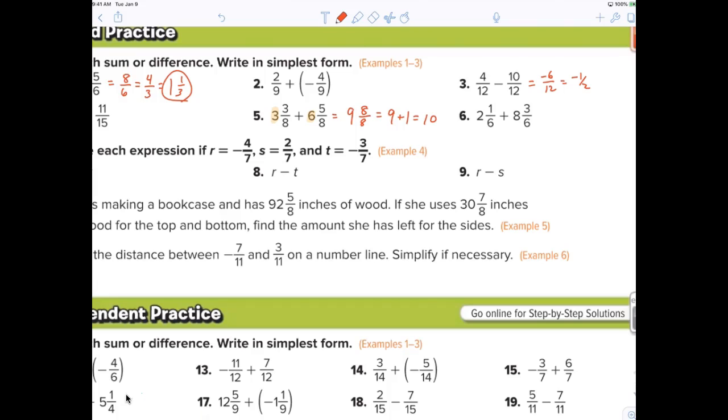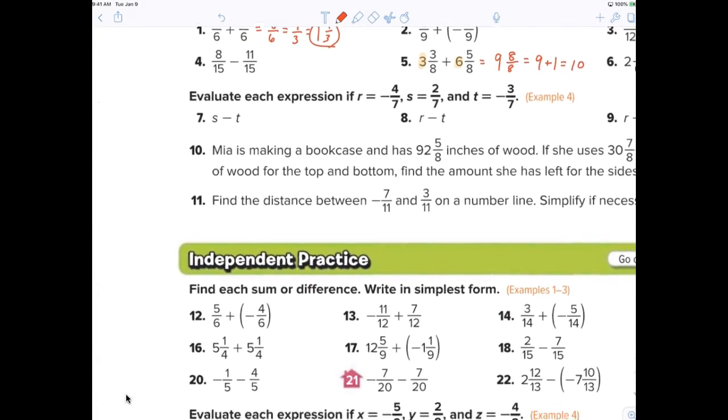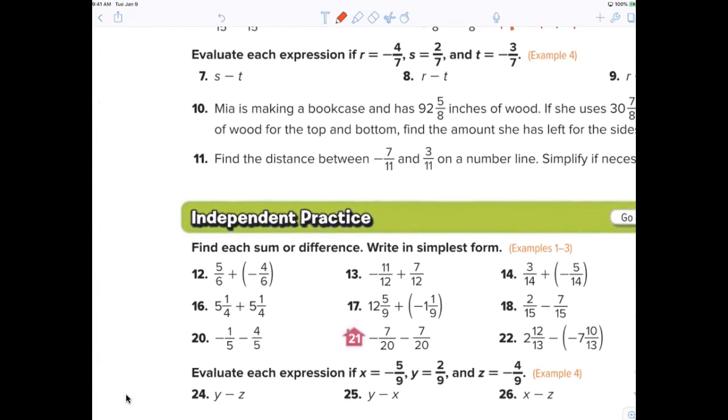All right? Miss Sienna. Yeah. You're on number 7, so I want you to read it to me now. What is S? 2 sevenths. 2 sevenths plus negative 3... I see a minus, don't I? What is this right here, Sienna? Oh, whoops. That's a 9. Minus. Now what's T? Negative 3 over 7. Negative 3 over 7. Do you agree with that?